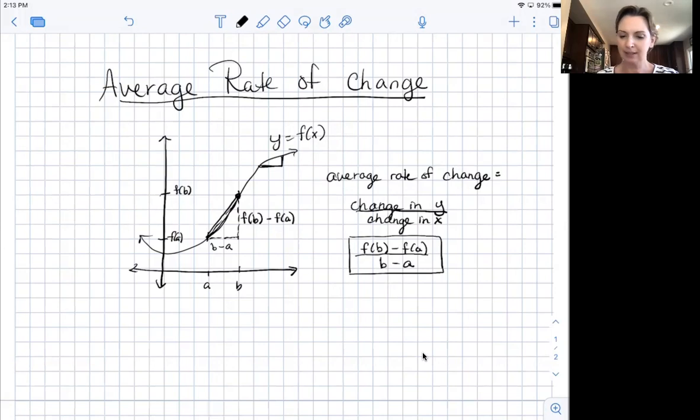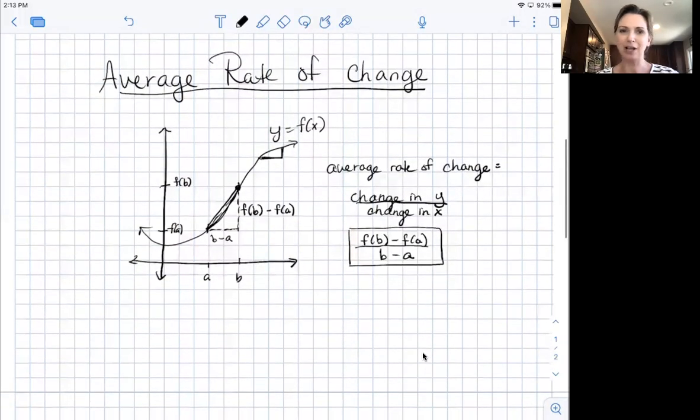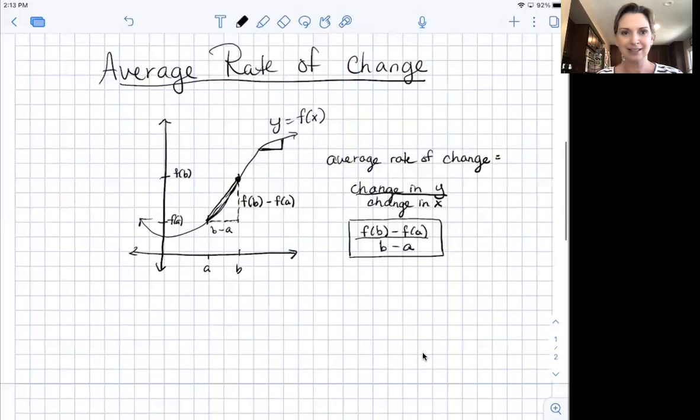Okay. All right, so let's do one of these. Let's say we're not looking at a graph, but we're given an equation and we're asked to find the average rate of change. How would we do that? Let's start with a function that we can do pretty easily.